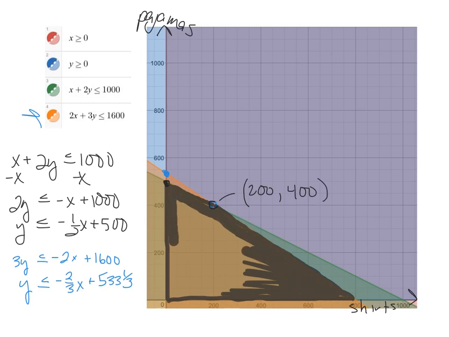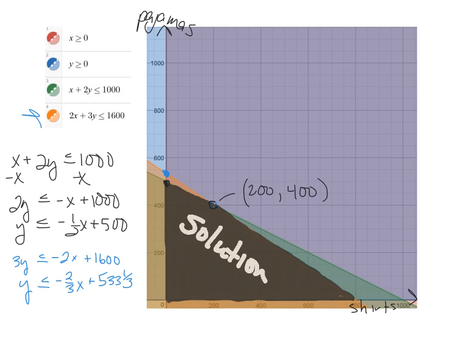Okay? If we leave this shaded area, we are either running out of fabric or running out of time. But everything within this shaded area, where everything is true, everything is positive, is part of your solution. So this right here is called our solution. Okay, it's where everything is true to your statements.